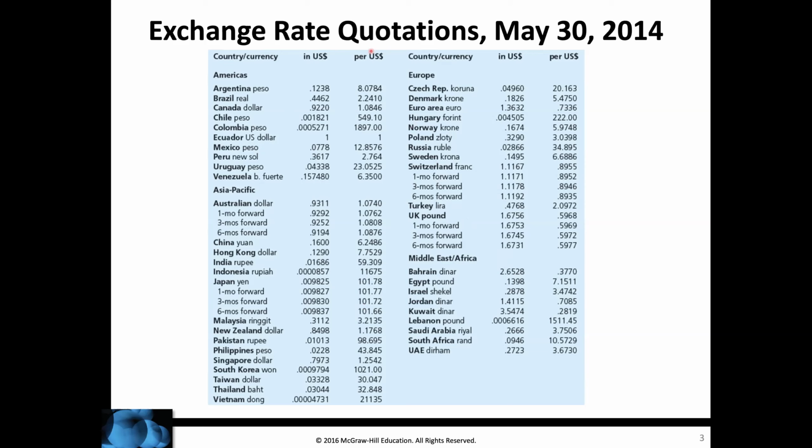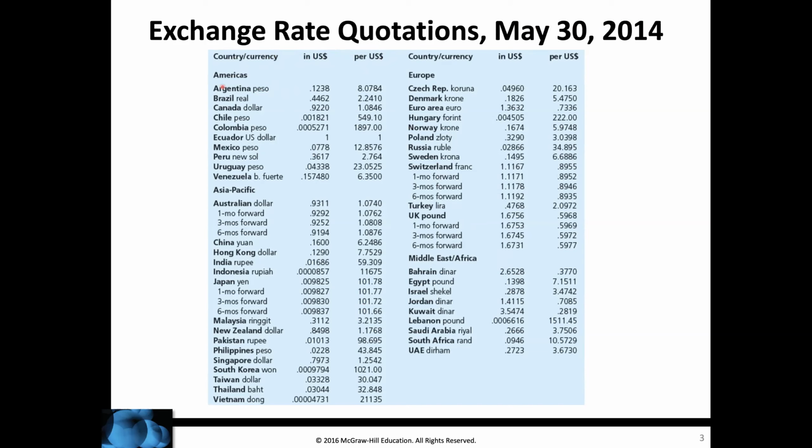So here, and this you can find in your book as well, are the exchange rate quotations dated May 30th, 2014. You can see we've got the country and its currency, the country in bold, the currency name not in bold, and then the price of that currency in US dollars, or the number of US dollars it would take to buy 1 unit of their currency. And here is the number of their currency it would take to buy 1 US dollar.